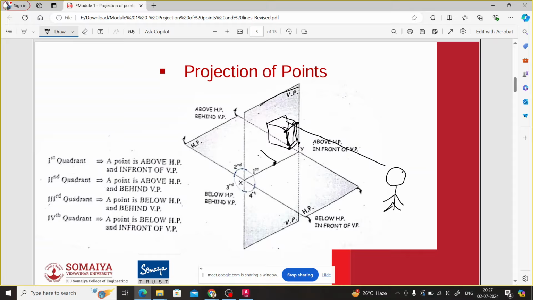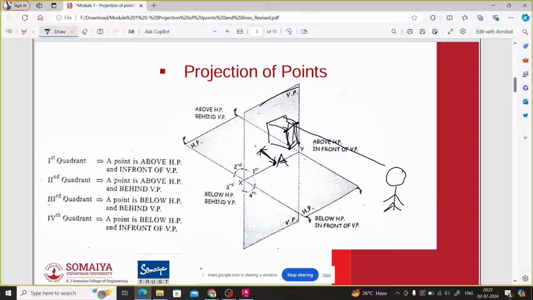As far as the point is concerned, we are concerned about its position with reference to two different planes: first the vertical plane, and another the horizontal plane. Suppose this is a point. We want to know the distance of the point from the vertical plane.